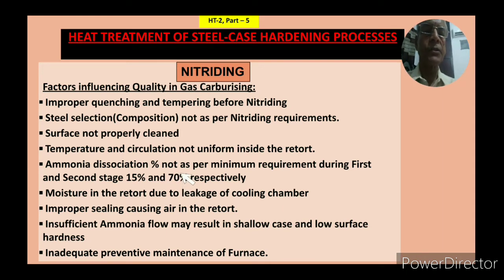If you are not maintaining this dissociation level, then you will not get proper nitriding properties. Then moisture in the retort due to leakage of cooling chamber. This is also very important. If the cooling chamber has any moisture content or something else, it will also affect your nitriding properties.